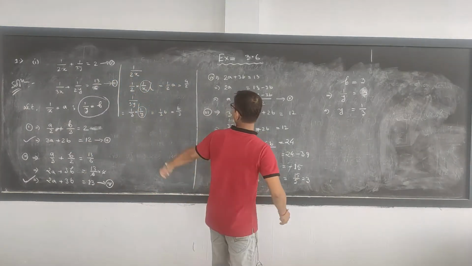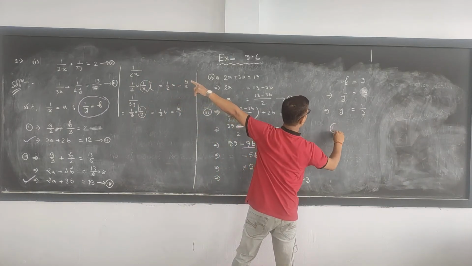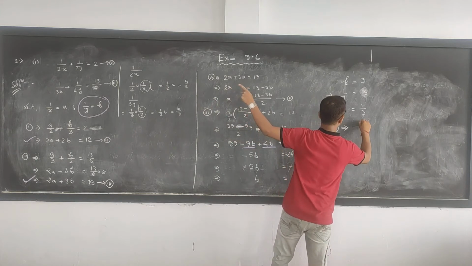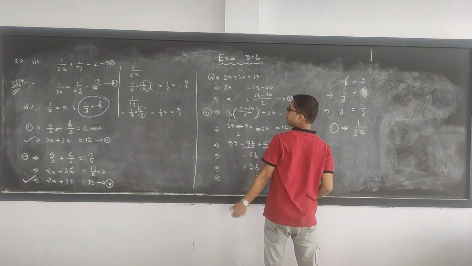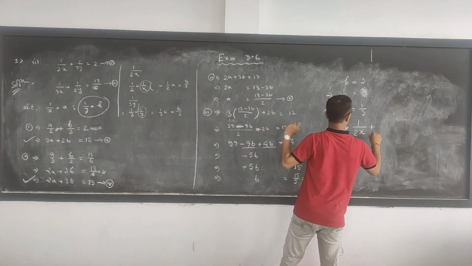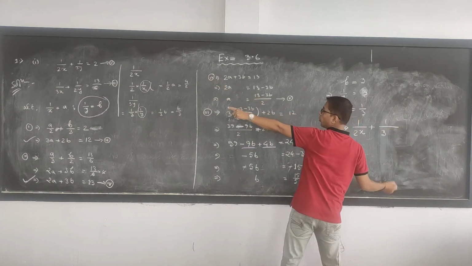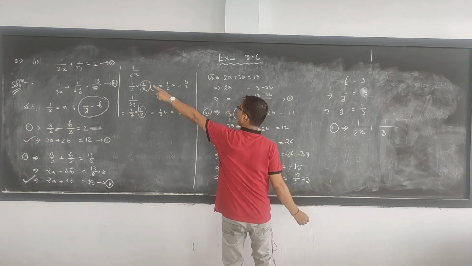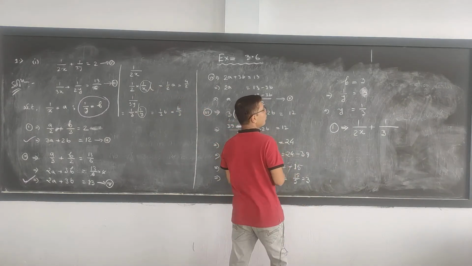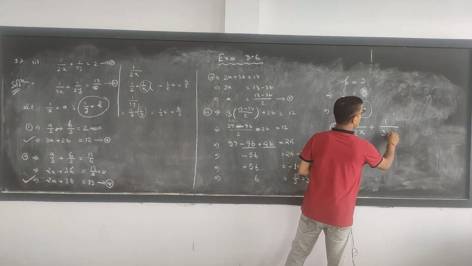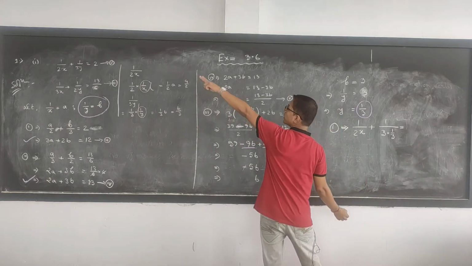Okay, so equation 1 implies, how can we write this? The equation was 1 by twice x plus 1 by 3y. What is the value of y? Yes, value of y is 1/3. So where there is y, we are writing 1/3 is equals to 2.